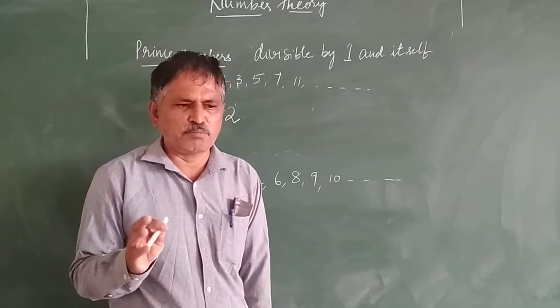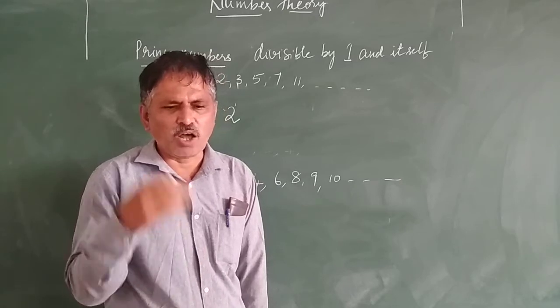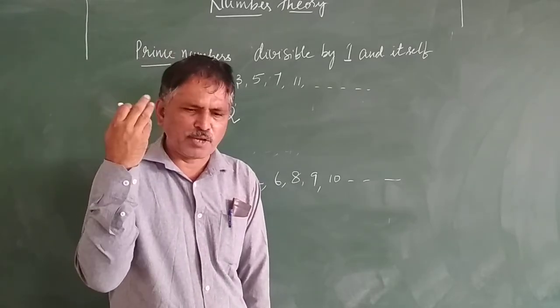We have many prime numbers, and except 2, all are odd numbers only. All prime numbers other than 2 are odd.